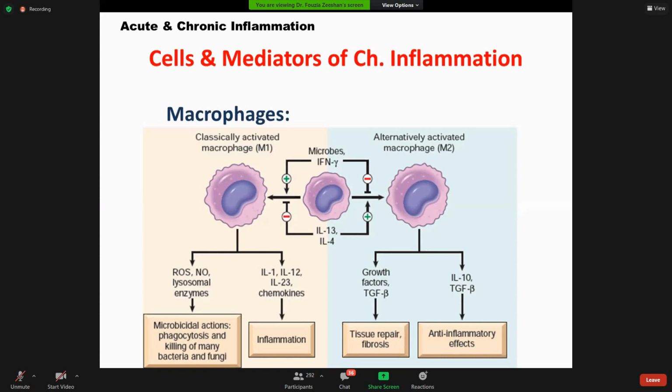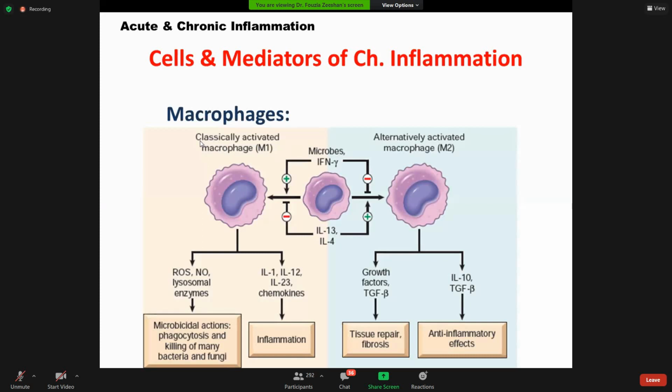So macrophages identify those mannose particles in the microbes, and eventually they identify the microbes. Whenever microbes enter the body, they are recognized through the mannose binding proteins by the macrophages.